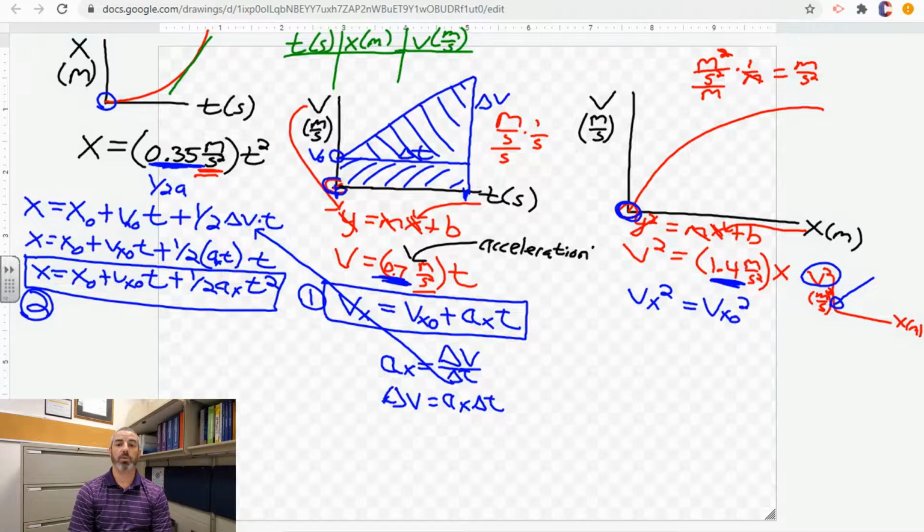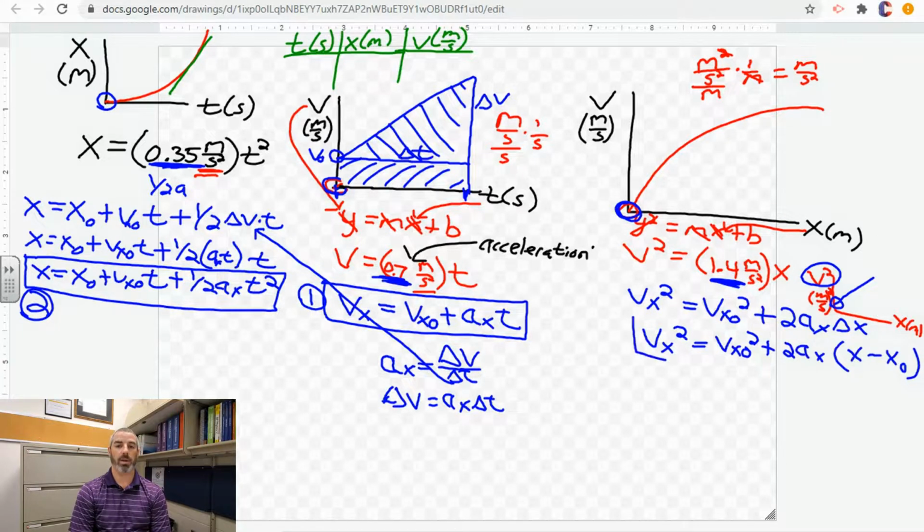And our slope we represent as 2 times the acceleration times the displacement. Normally you're going to see this written as the final position minus the initial position. And this gives you your third and final kinematic equation.